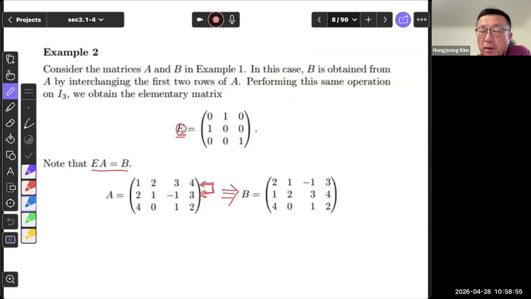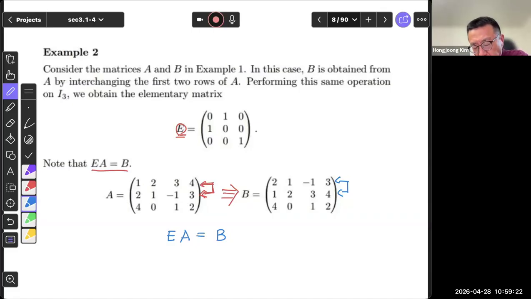In other words, given A matrix, if I interchange the first two rows of A to get B matrix, and interchange the first two rows of B, you get A matrix, right? So that means B is obtained from A by interchanging two rows in A matrix.